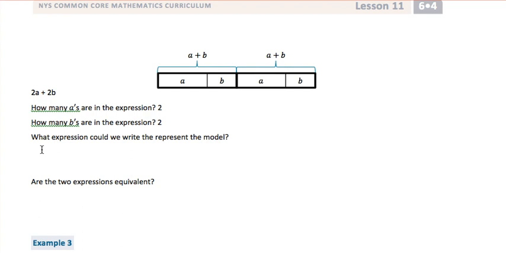So the expression that we could write to represent the model is we could have A plus B plus A plus B, or 2 times A plus B. Are the two expressions equivalent? Absolutely. In the same way that they were in example 1.